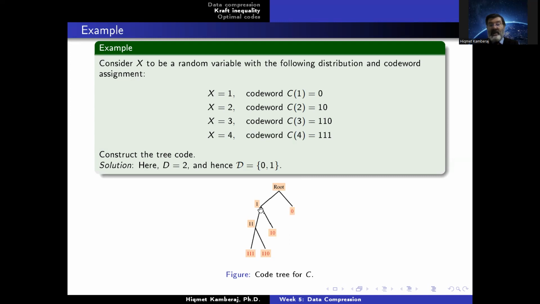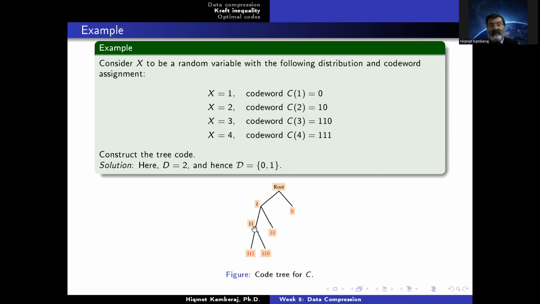The next one is 1 here. Then the children of 1 will be 1, 0 and 1, 1. C of 2 is 1, 0. Then I keep 1, 0 and remove all the descendants of this branch.